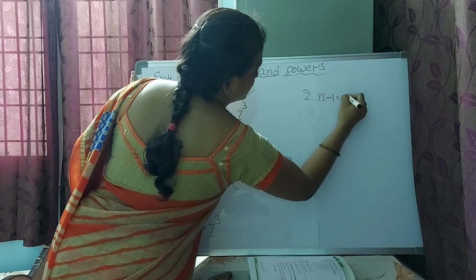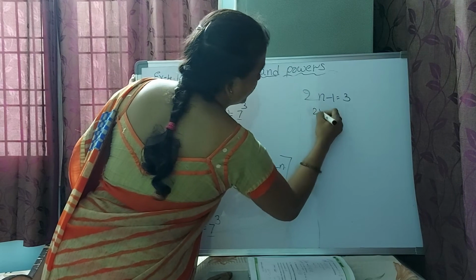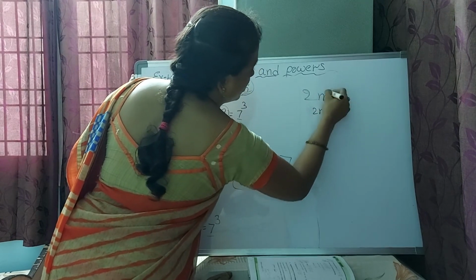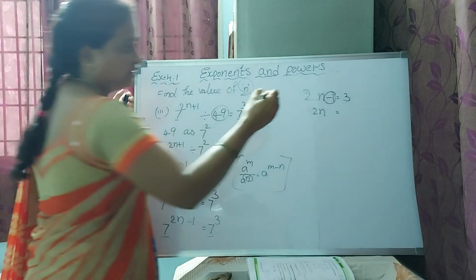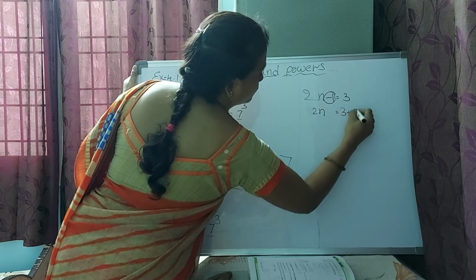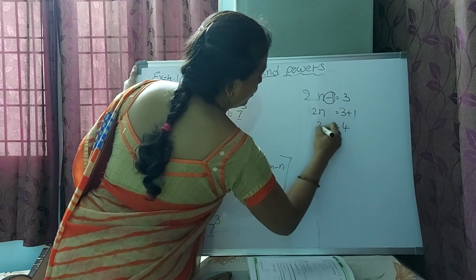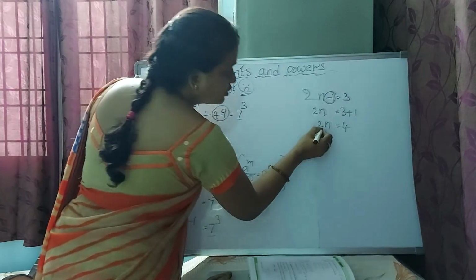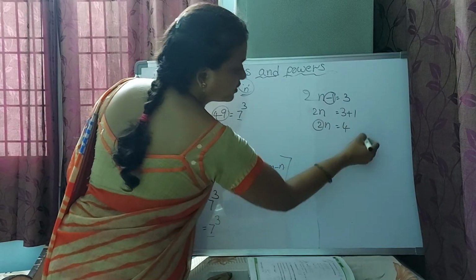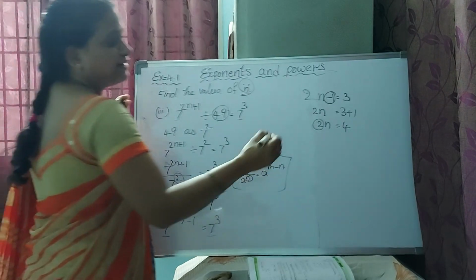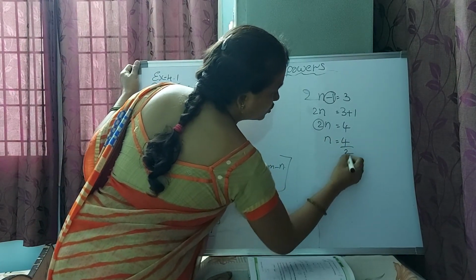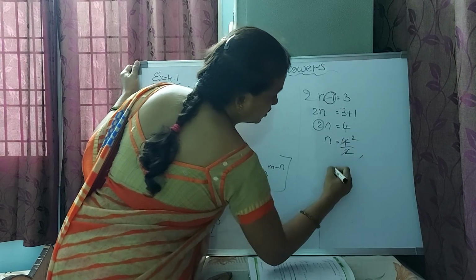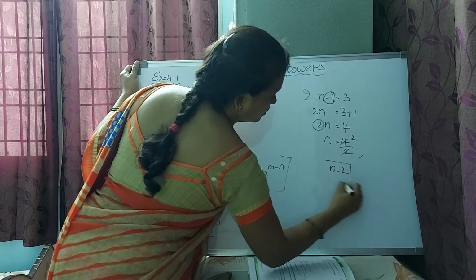Take this constant to the right-hand side: here minus 1, if it goes to that side, plus 1. 3 + 1 is equal to 4. 2n is equal to 4. Here 2 is multiplying, so if it transposes to the right-hand side, it divides 4 by 2. 2 twos are 4. So n is equal to 2.